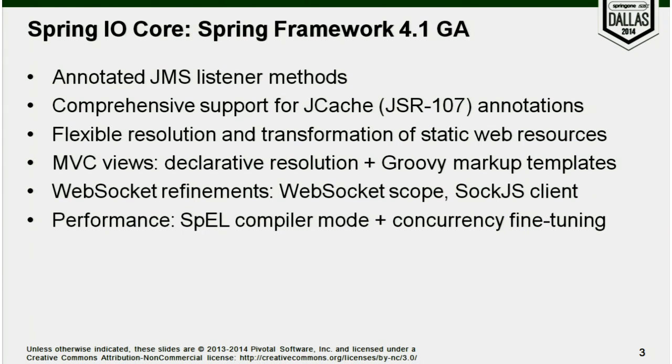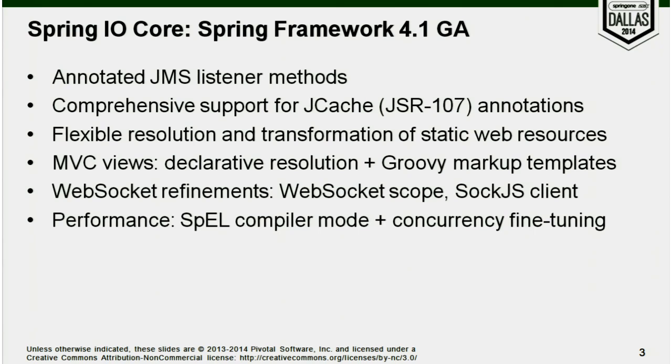Aside from JMS and JCache, there's a strong focus on web and WebMVC improvements in 4.1. And a lot of it is being covered in dedicated sessions. I'll be mentioning one at this conference. There's in particular a focus on the management of static web resources, flexible resolution, transformation of static web resources. Something we meant to do again for quite a while.